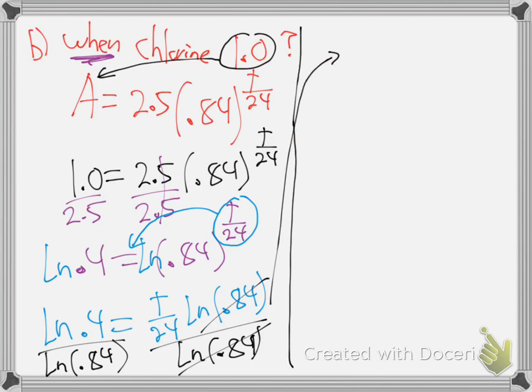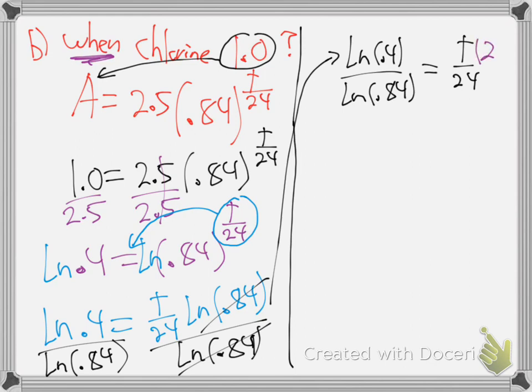So I get ln 0.4 over ln 0.84 is t over 24. And how do I get the t alone? Times 24. Boom, cancels out. t equals, and crank that out on your calculator.